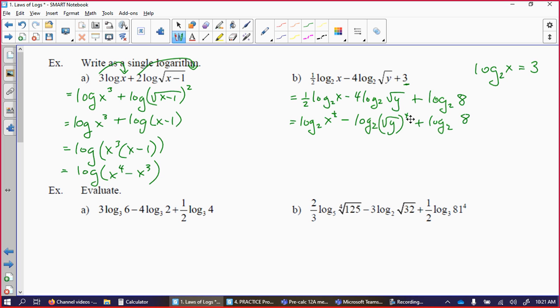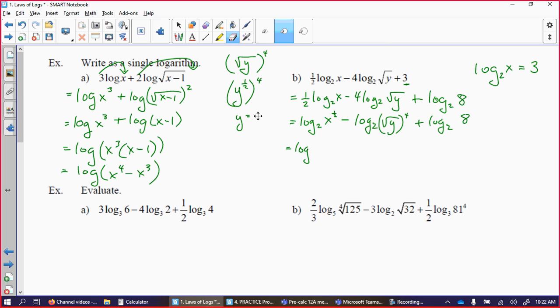The square root of something to the fourth, that I'm going to do something to, because we know if I have the square root of y to the fourth, well, the square root is to the half, to the fourth, 4 times a half, so this is going to equal y squared. So I'm going to make my life a little bit easier.